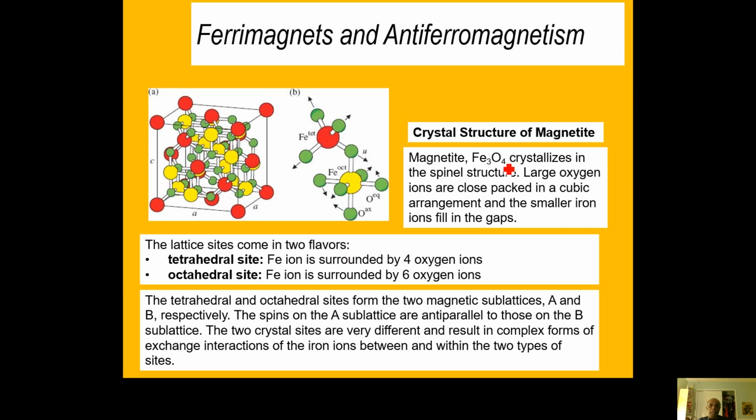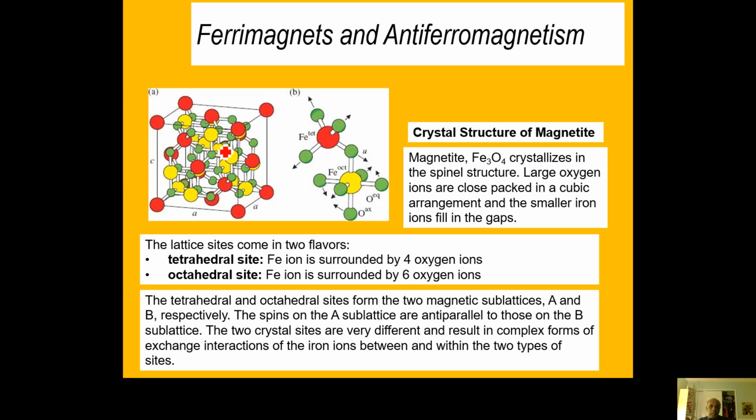You can understand this if you take the example of magnetite, which is Fe3O4 crystals. This is a spinel structure, which is something like an AB2X4 kind of structure. Here, instead of AB2, they have A3O4. That's a similar structure, but this is usually called an inverse spinel structure.